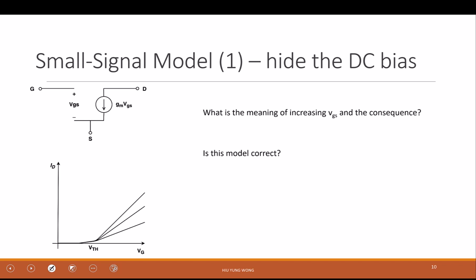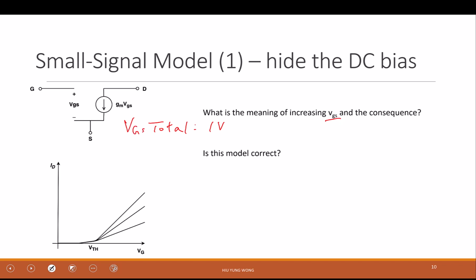So in this so-called small signal model, we have a small VGS. So what is the meaning of this VGS? If you look at the total voltage, including DC, what it means may be in the transistor, I apply 1 volt to the gate.